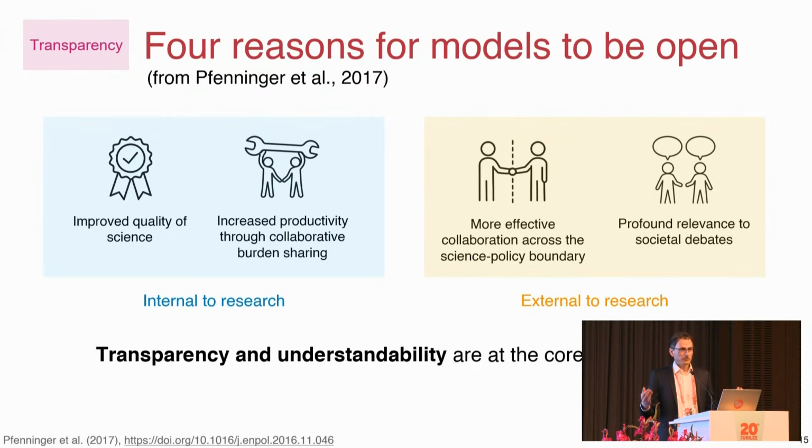And all of this, when you really think about it, is not about openness per se, but about transparency and understandability. It's about understanding what's really inside a model. So this is a lot more than putting some code or some data up on GitHub or another open repository.